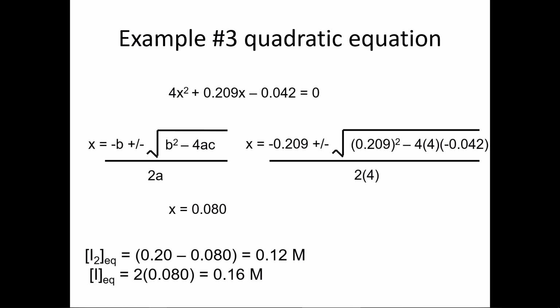Alright, so again we would get two answers because we have an x squared, but only one of them will make sense. This is the x value that makes sense with our ICE table, had to be less than 0.2. And when we plug it back in, 0.2 minus 0.08 gives us our concentration of I2 that's remaining, and 2 times our 0.08 gives us the amount of I that we created.